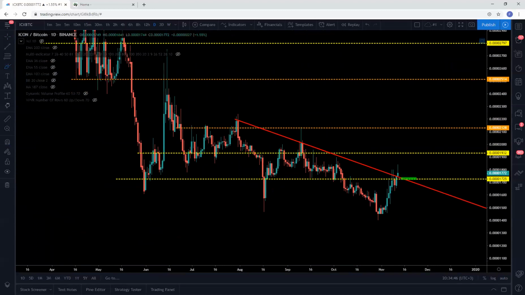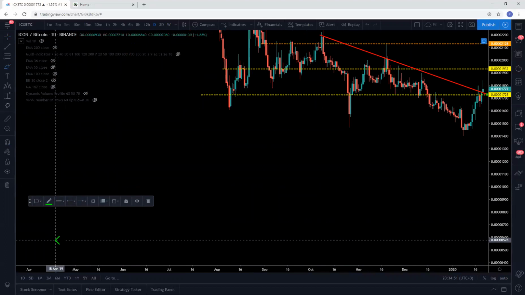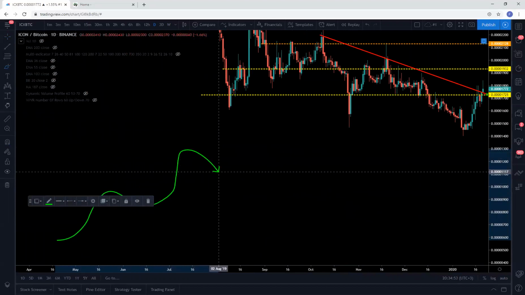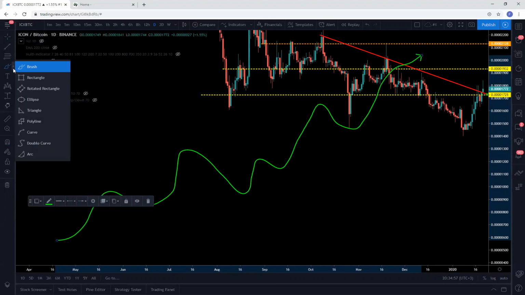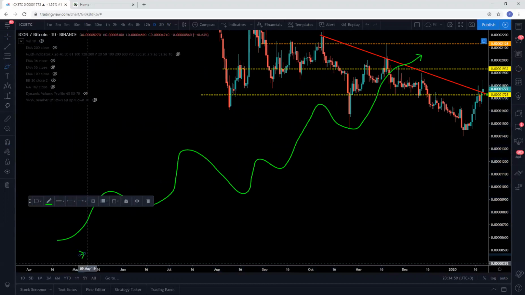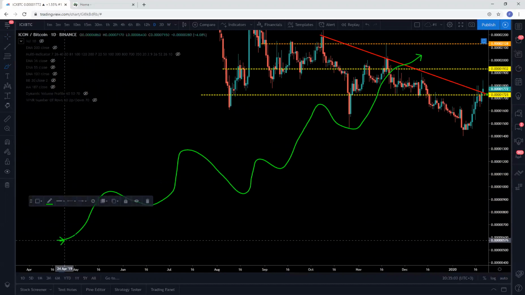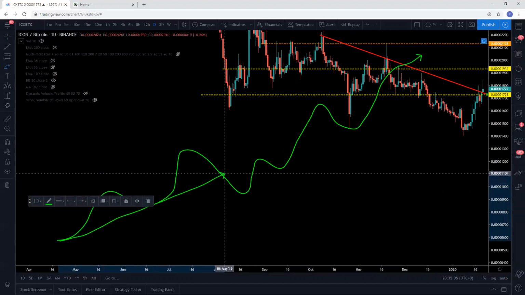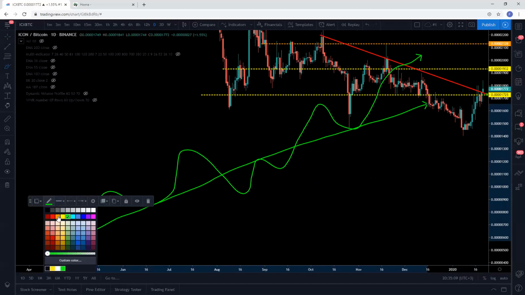Let me repeat again. When the coin is trending up like this, usually the MAs, we have MAs here, will be acting as a support, resistance, and they are smoothing the move.